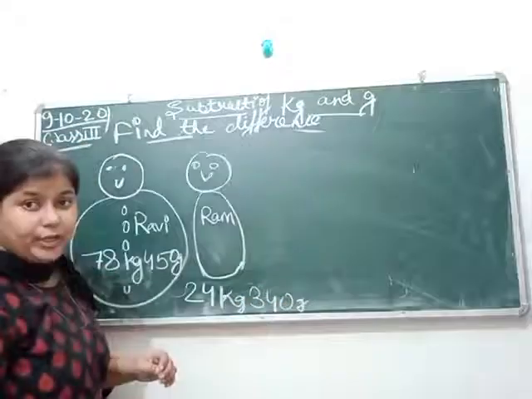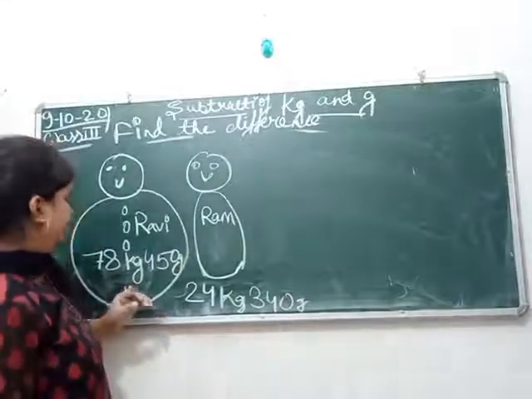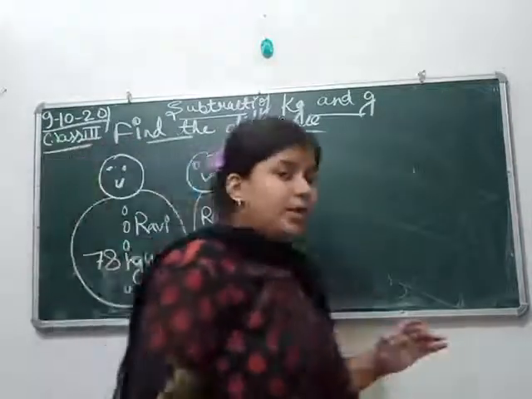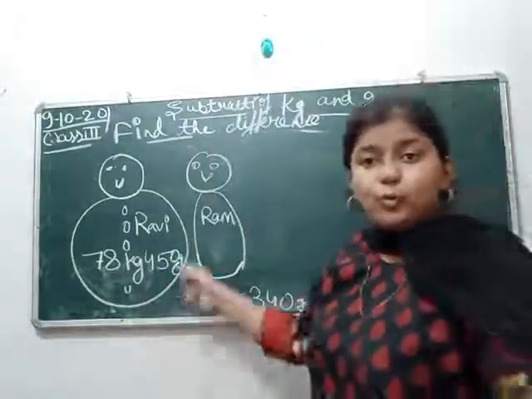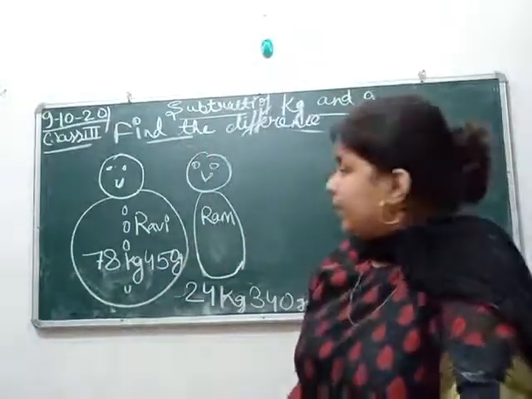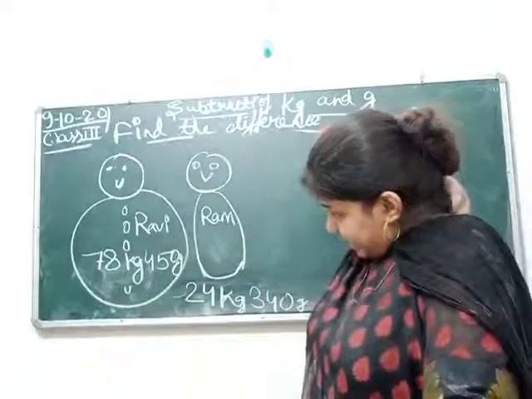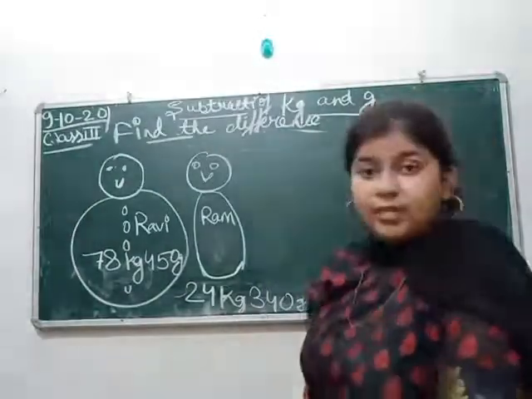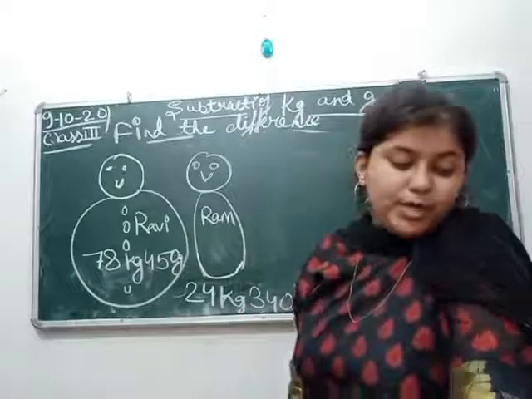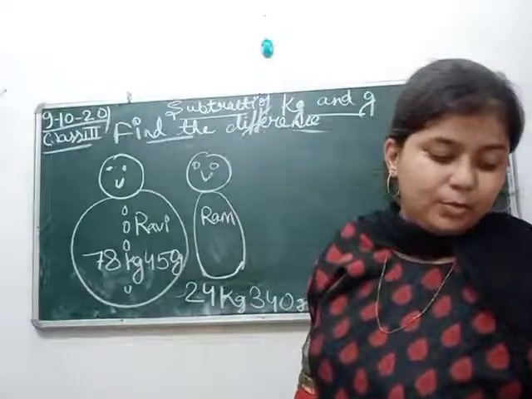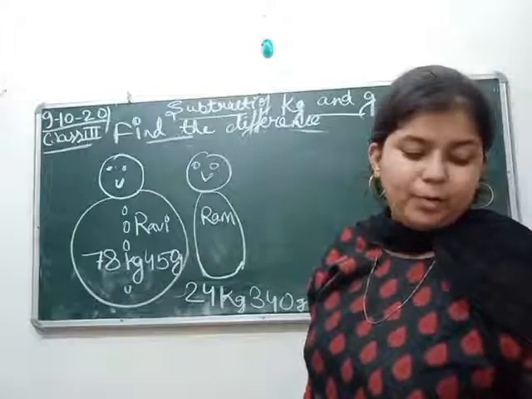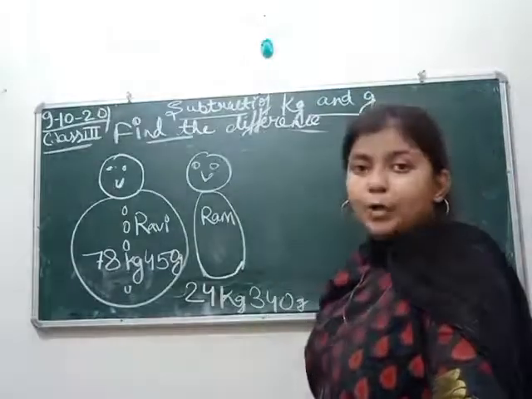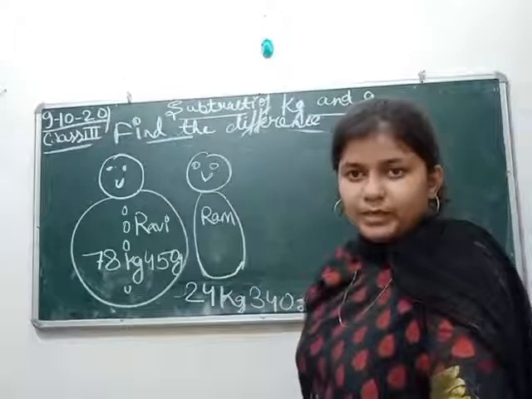Now my question is, whose weight is more and by how much? So two boys are here, Ravi and Ram. Ravi's weight is 78 kg 450 gram and Ram's weight is 24 kg 340 gram. Now the question arises, whose weight is more and by how much?